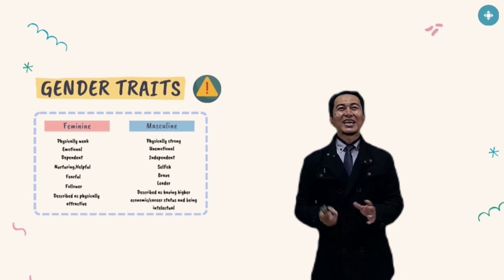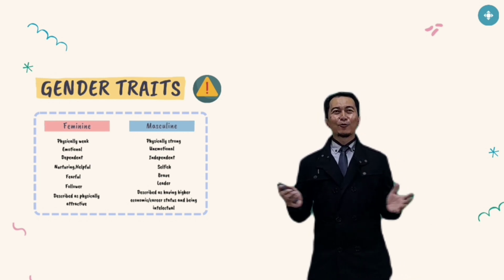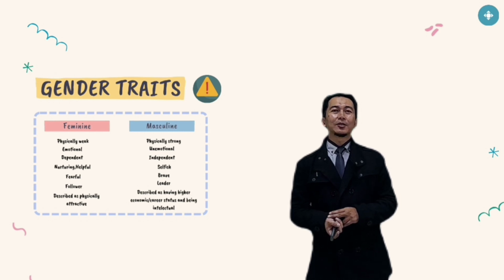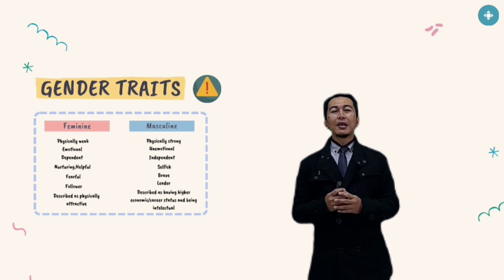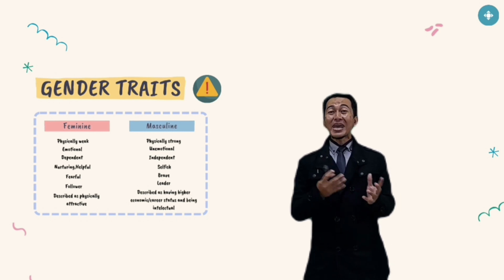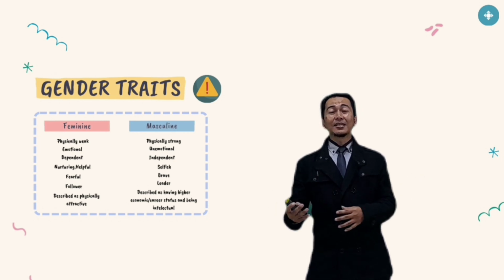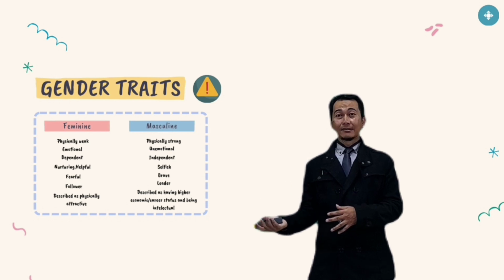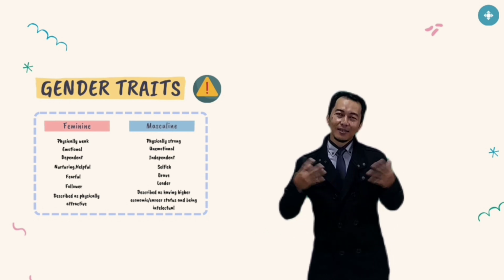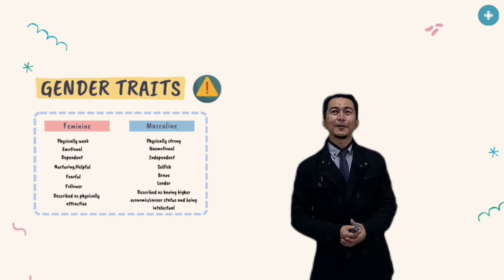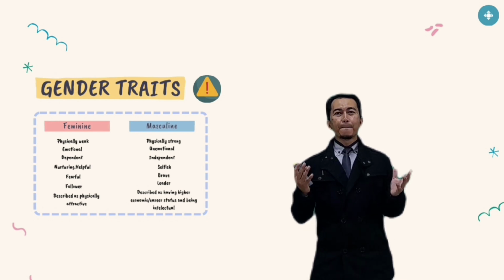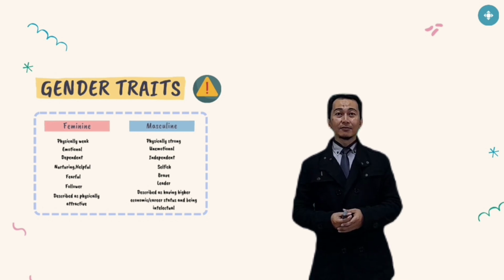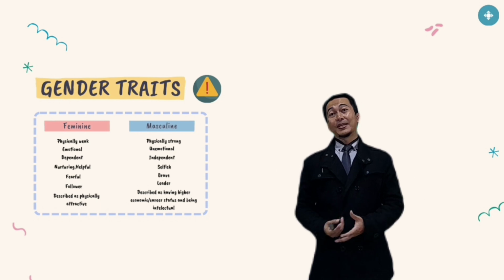unemotional. Okay, and then the next one would be dependent. So it means that feminine is dependent, it depends on man. But is it right? Yes, this is stereotypes. And then men would be independent, so they have to be independent.